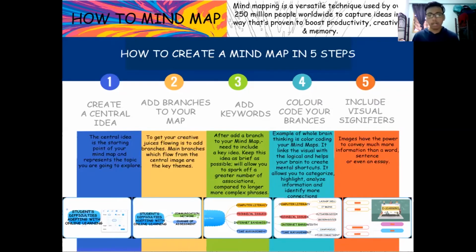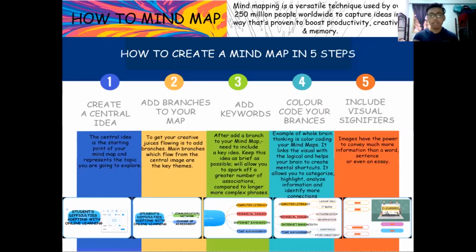The next step is adding branches to our map. To get your creative juice flowing, add branches. The main branches which flow from the central image are the key themes.